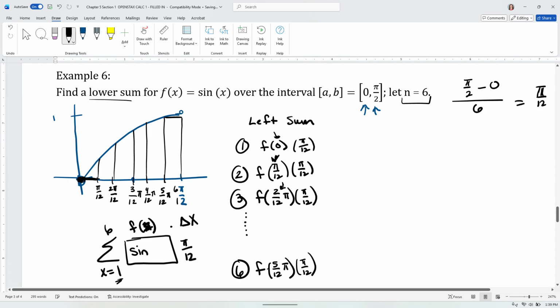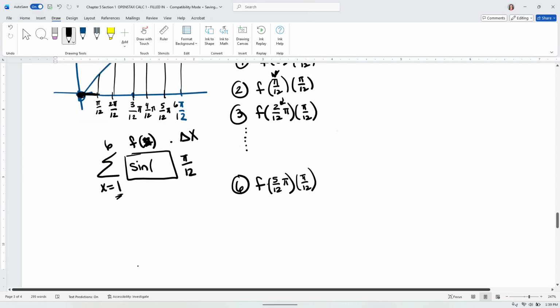So starting at 0, and I'm increasing my input by pi over 12 each time. What does that look like? I need more space.